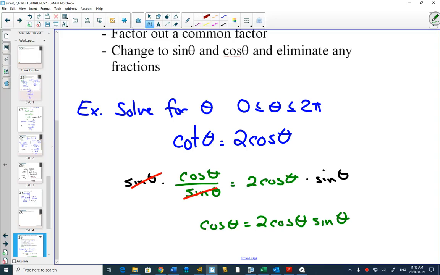This next step is the most common mistake that you can make in this question. Because you really want to get a single trig function, you are going to be very tempted to divide.